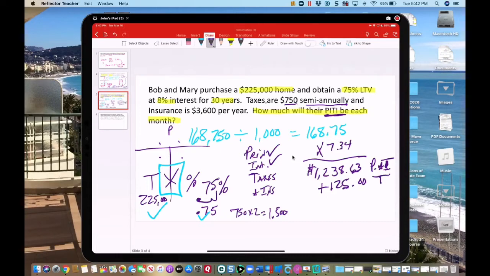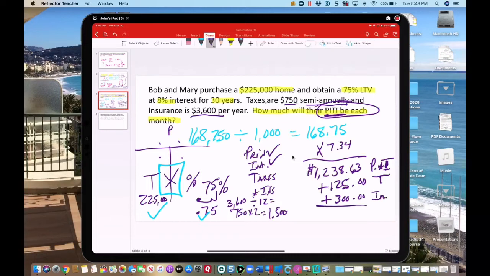And insurance is $3,600 a year. Well, 3,600 divided by 12 is $300. So we've got to add $300 for insurance.